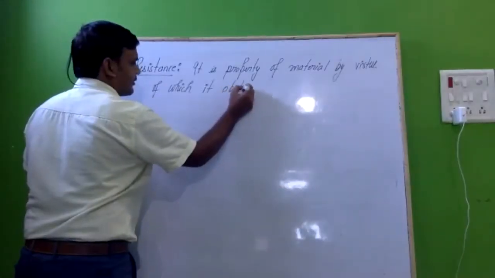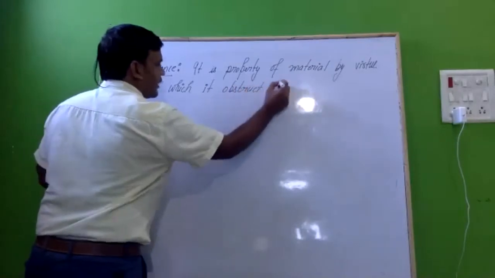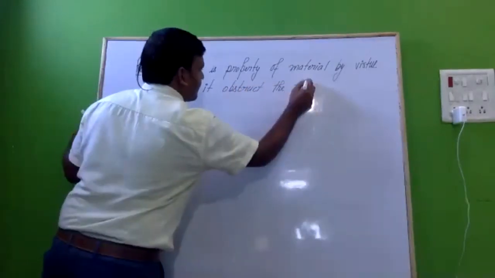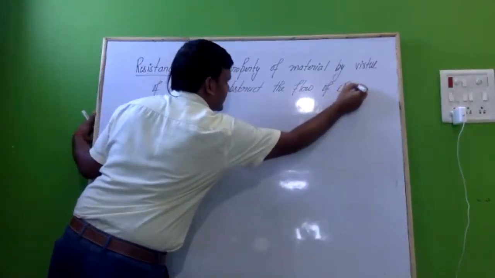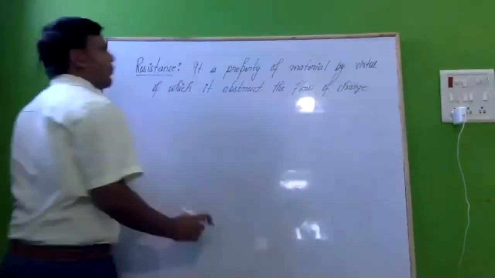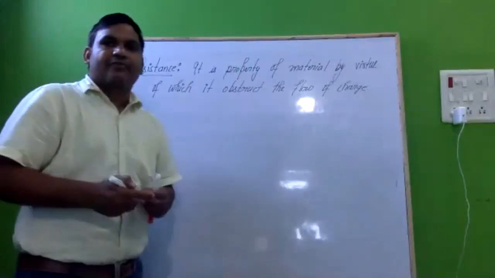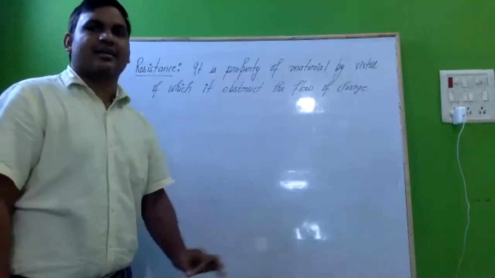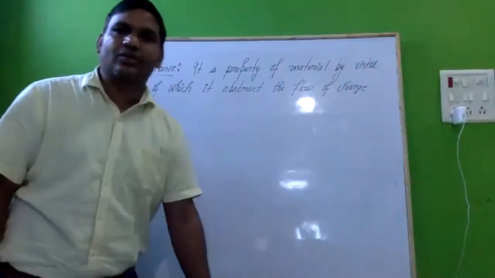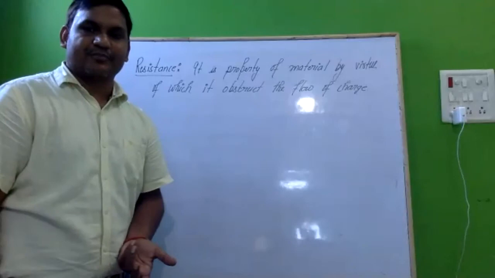It obstructs or opposes the flow of charge. It's basically a property of material by virtue of which it opposes or obstructs the flow of charge.